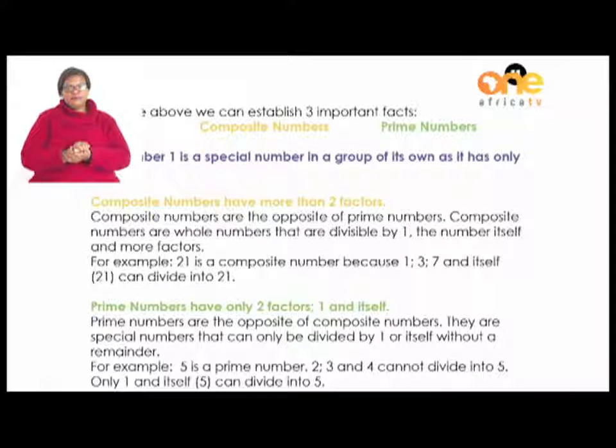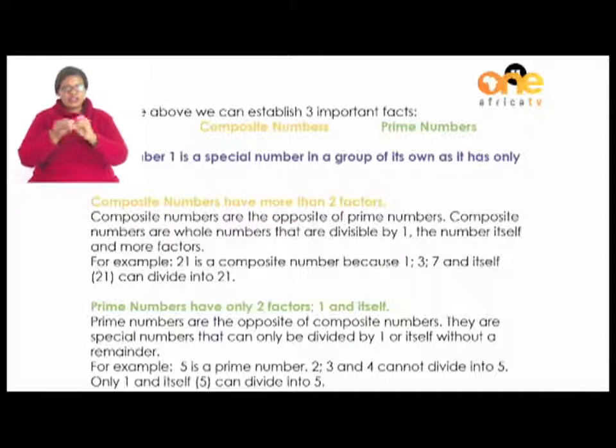Now let's look at composite numbers. It says composite numbers have more than 2 factors. Composite numbers are the opposite of prime numbers. Composite numbers are whole numbers that are divisible by 1, the number itself, and more factors.